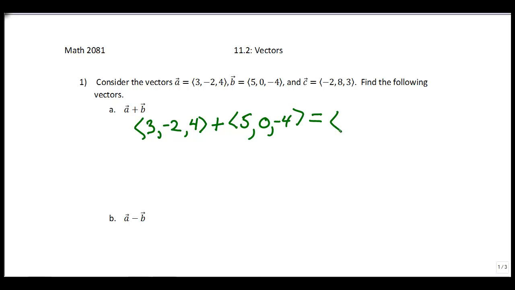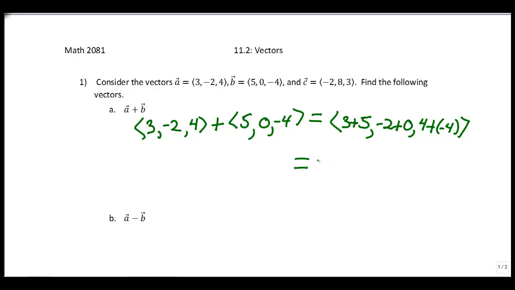And now when you add vectors, you add these component-wise. So you take the 3 plus the 5, and that's your new first component. For the second component, or y component, you take the negative 2 plus the 0. And then your third component, you take the 4 plus the negative 4.